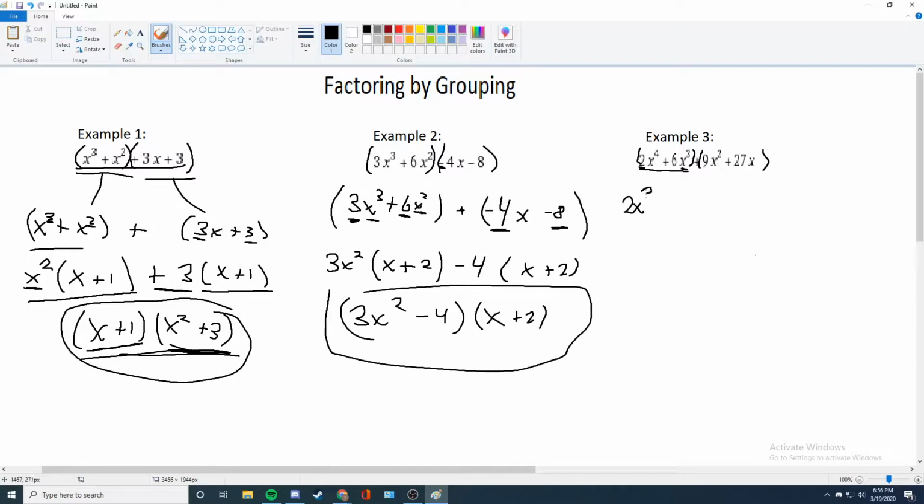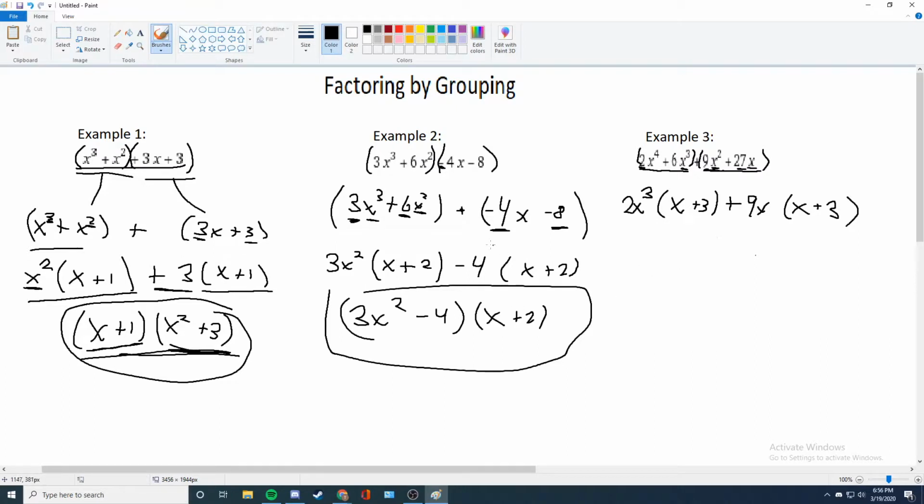So 2x cubed times x plus 3. And for this group, we've got 9 as a factor in both, and an x as a factor in both. So we'll add 9x times x plus 3 again.